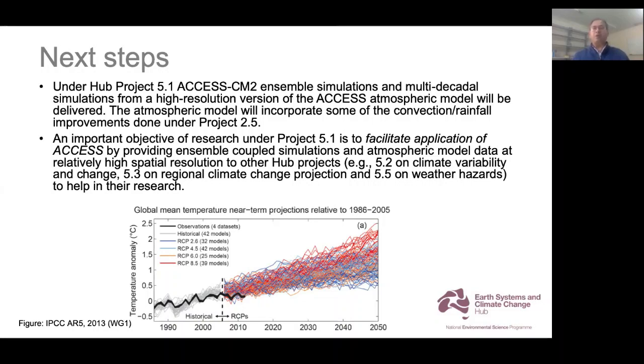An important objective of research under Project 5.1 is to facilitate applications of ACCESS by providing ensemble climate simulations, and also by providing atmospheric model data at relatively high resolution. The other ESCC Hub projects that will benefit from this research are Project 5.2 on climate variability and change, 5.3 on regional climate change and projection, and 5.5 on weather hazards.